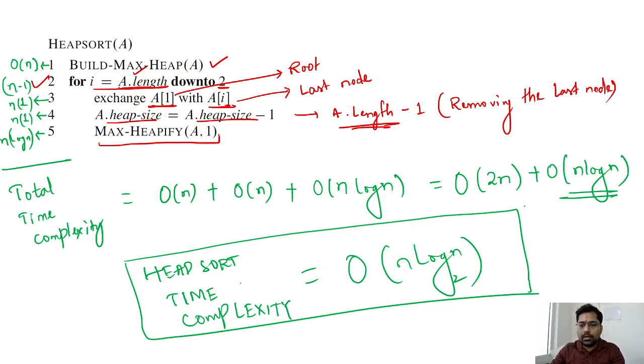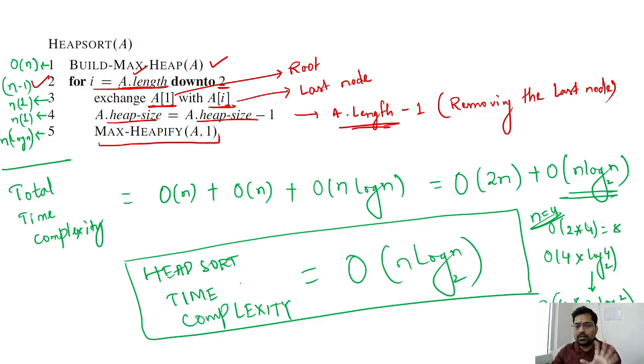Suppose here we put 4, then big O of 2n, with n as 4, will be 8. And in n log n, with n as 4, you'll get n log 4 base 2. The base is 2, so remember log 2 to the power 2 base 2 means the 2 comes in front, and log 2 base 2 is 1. So you get 4 into 2, which is big O of 8.